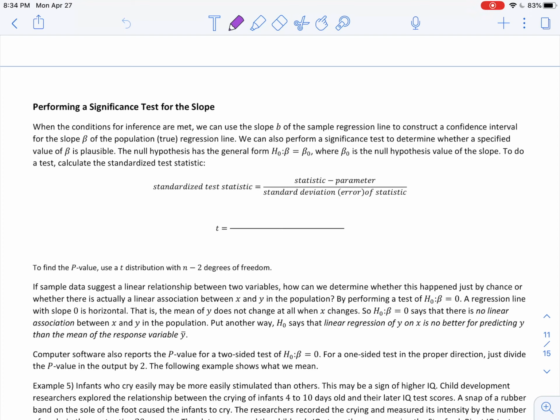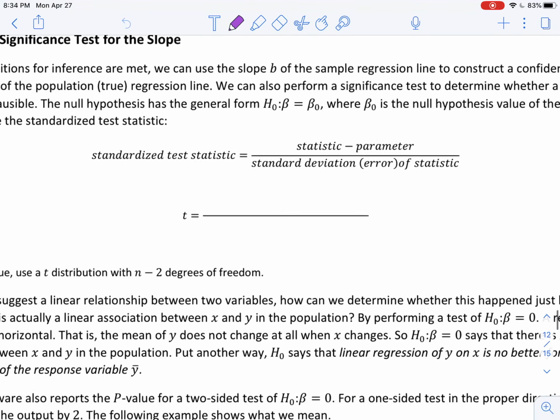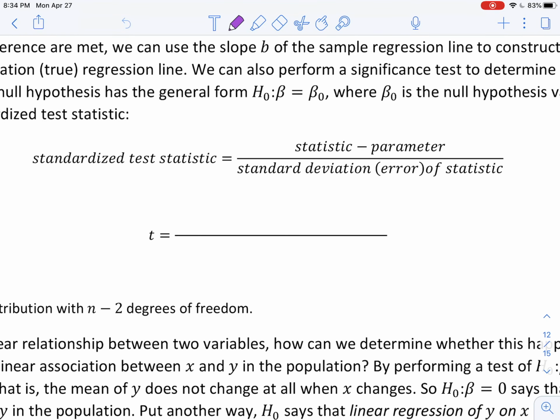So instead of just saying, well, I think that the population regression line slope is between these two values for the confidence interval, we can say, well, somebody says it's this, let's test to see if it is. So we're going to do a significance test to determine whether a specified value for beta, the population regression slope, is plausible.